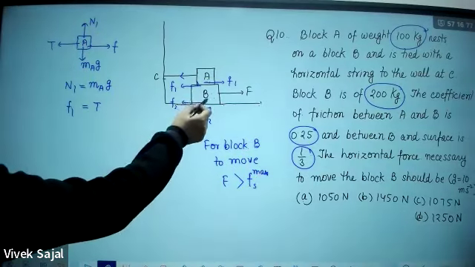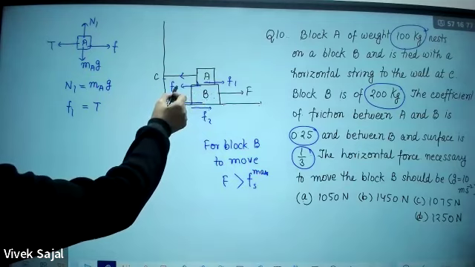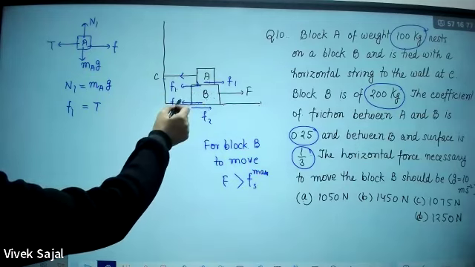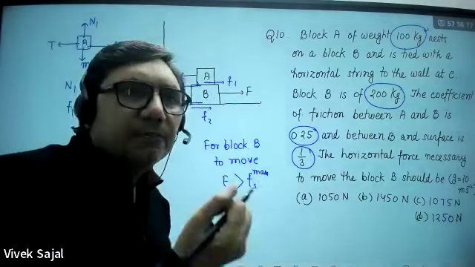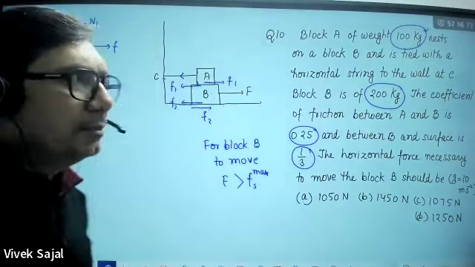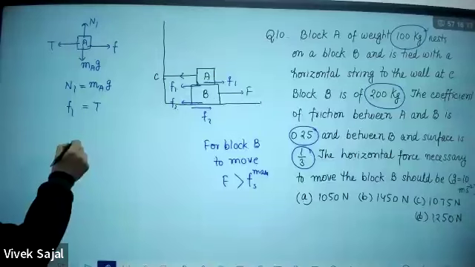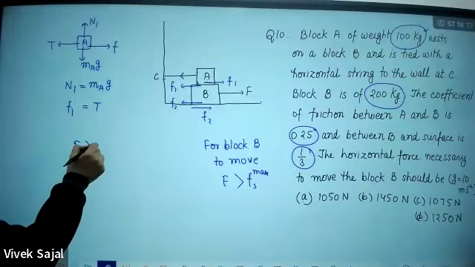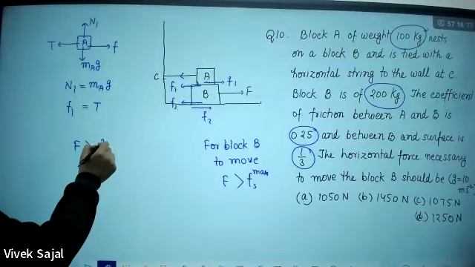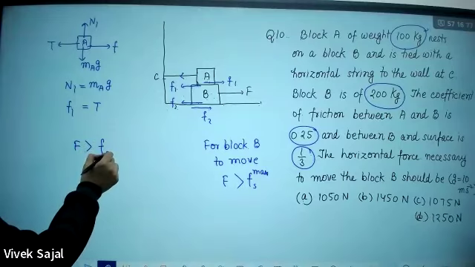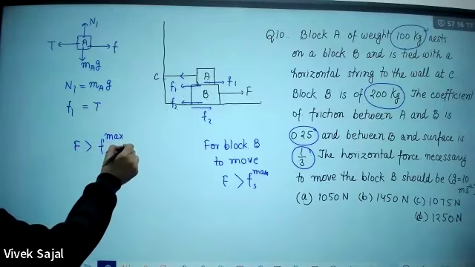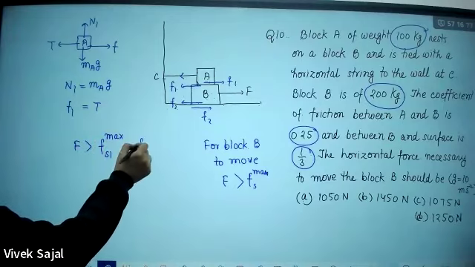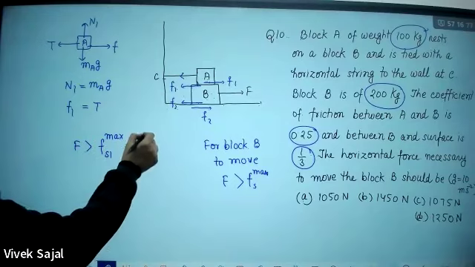So here this will be Fs1 maximum. Here it should be Fs2 maximum. You are choosing the maximum value of static friction forces which are possible here. So F should be greater than Fs1 max plus Fs2 max.